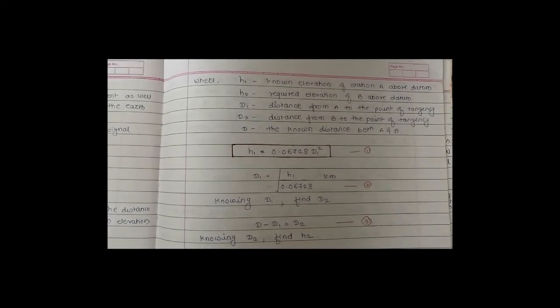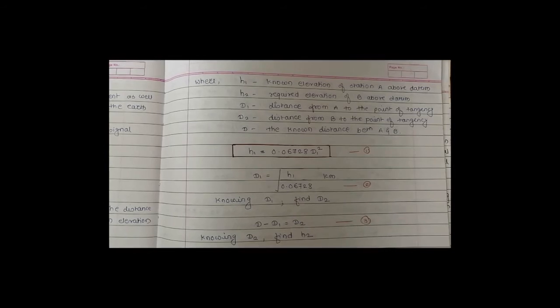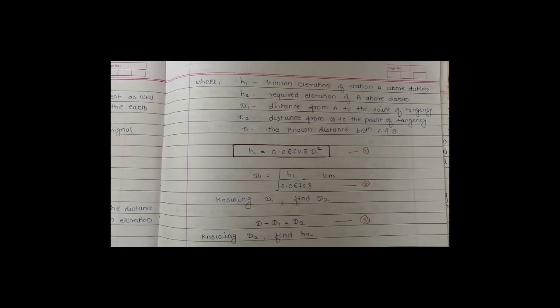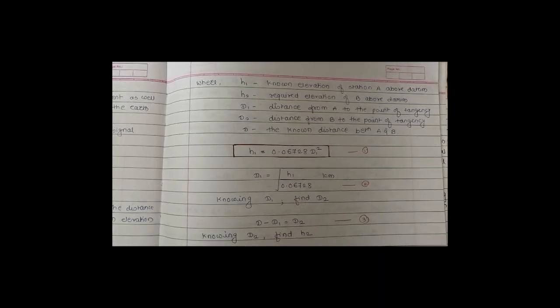Here h1 is the known elevation of station A above datum, h2 is the required elevation of B above datum, d1 is the distance from A to the point of tangency, d2 is the distance from B to the point of tangency, and D is the known distance between A and B. Now how do we find the relative elevations of the stations?